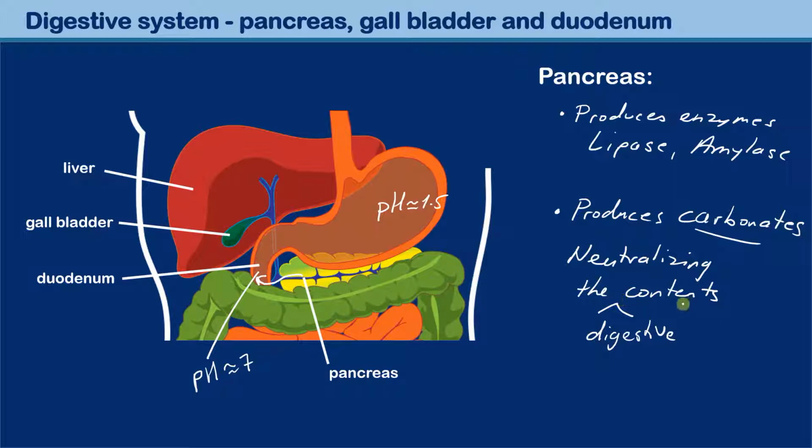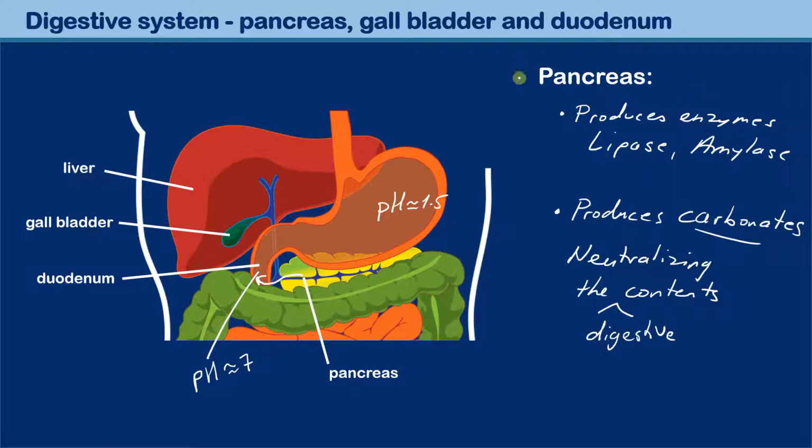I do not want to say stomach contents, because this would imply that you neutralize the inside of the stomach. This does not happen. Once the food has been passed into the duodenum, this is where neutralization of the food takes place. So that is basically it.